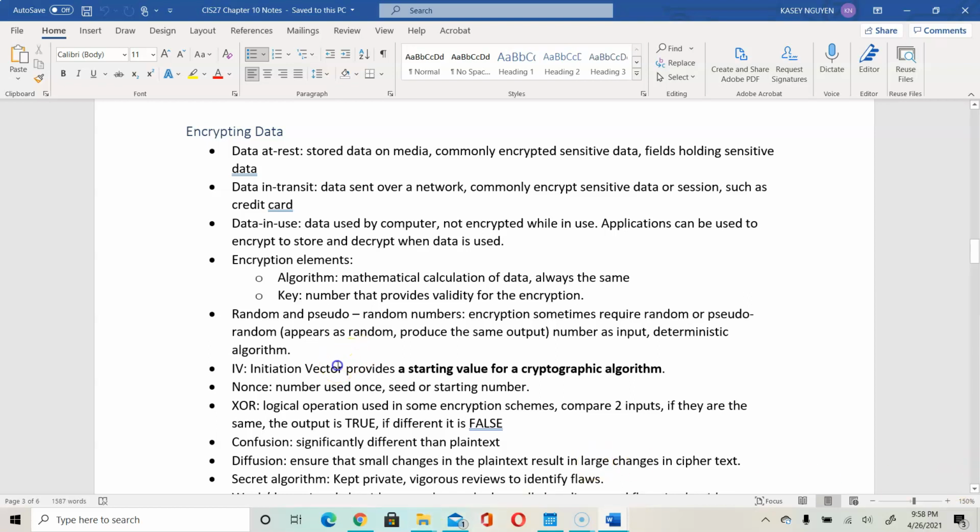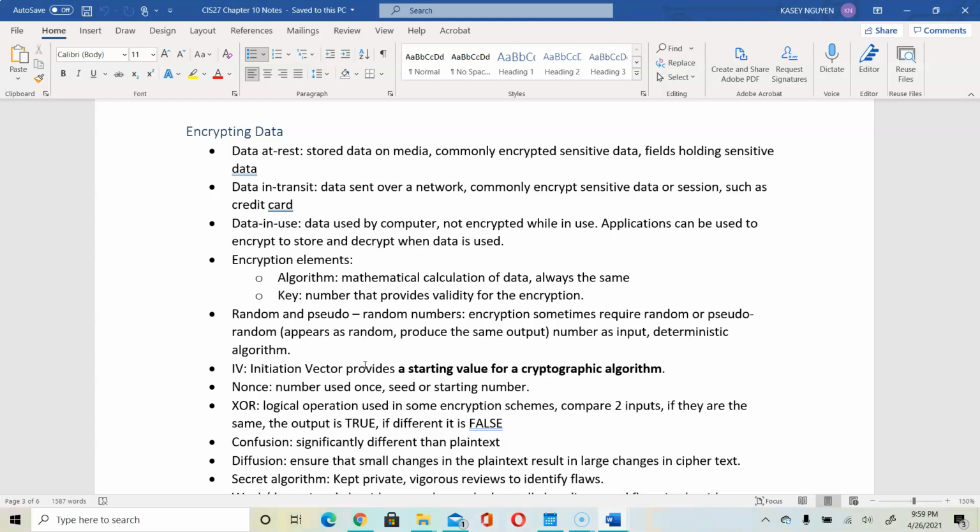And in a wireless-based environment, it's very visible when you use Wireshark to scan traffic. You can look at wireless traffic where you would look at the initialization vector, and this gives us the starting value of the cryptographic algorithm.